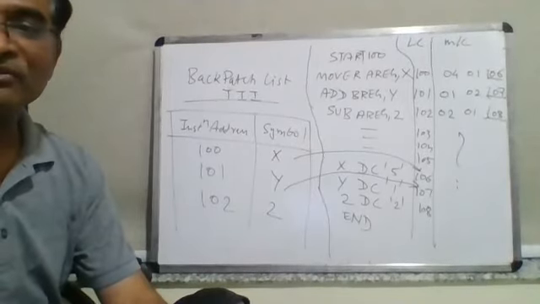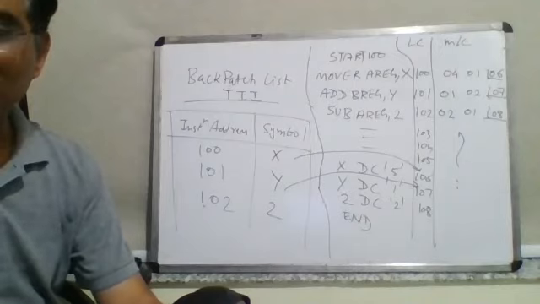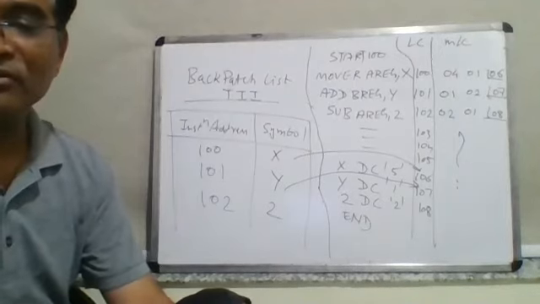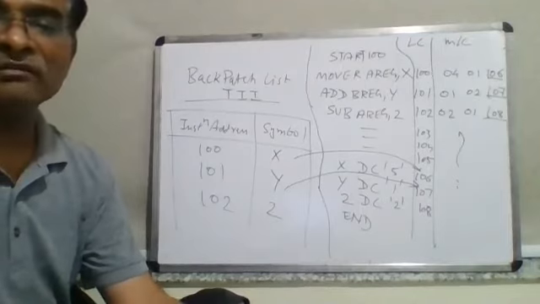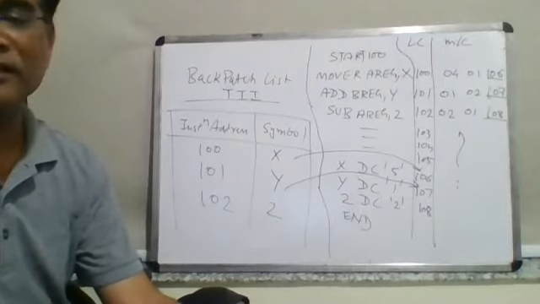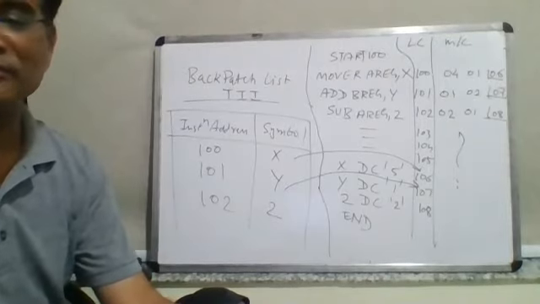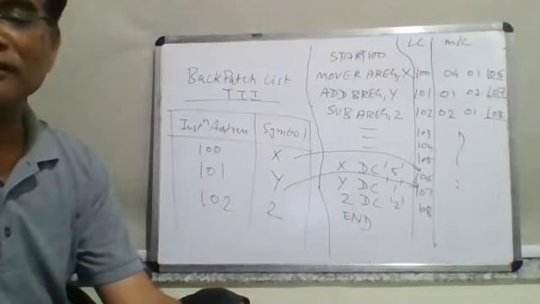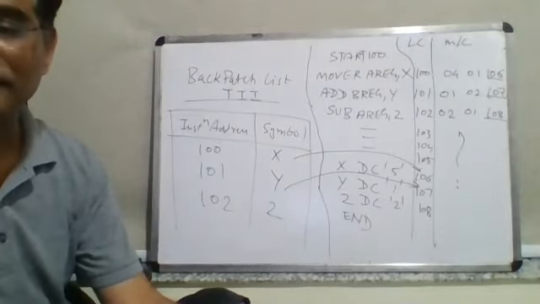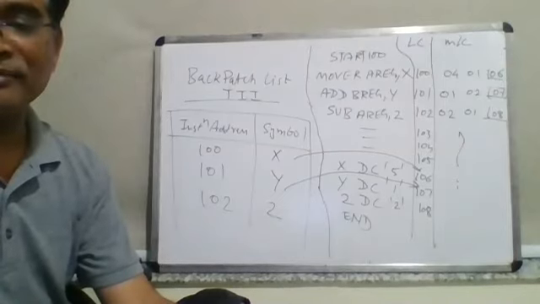So almost everything related to the various phases of the assembler we have seen. However, if I want to summarize what we have taken care of while designing the two-pass assembler, the tasks performed by the first pass are something like separating the symbols. We will be separating the mnemonics. We will be generating the opcode and the operand fields in pass 1.